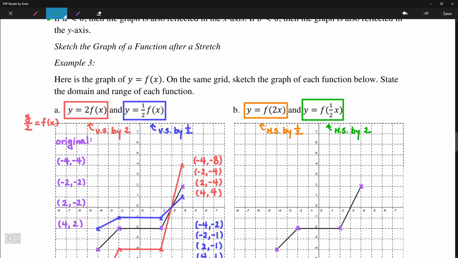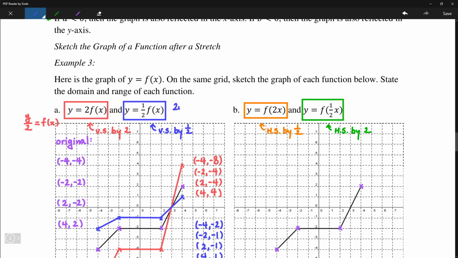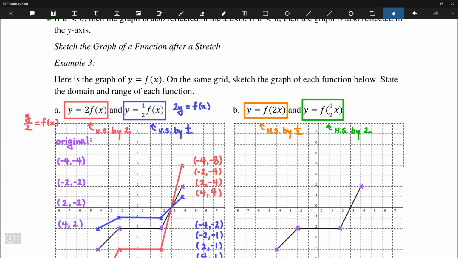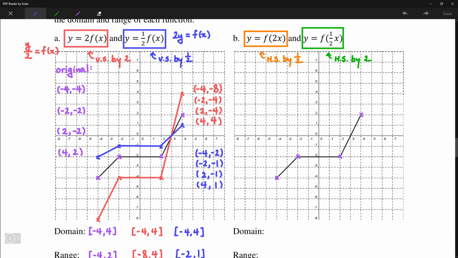And then in the second part, this is 2y equals f of x, and that was a vertical stretch by 1/2. Okay, so it's important to note that's how the coefficients work with regards to horizontal and vertical stretches. Right, back to the examples themselves.